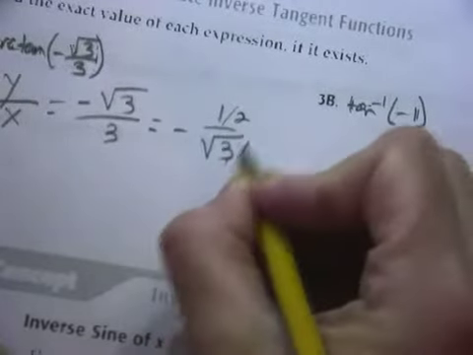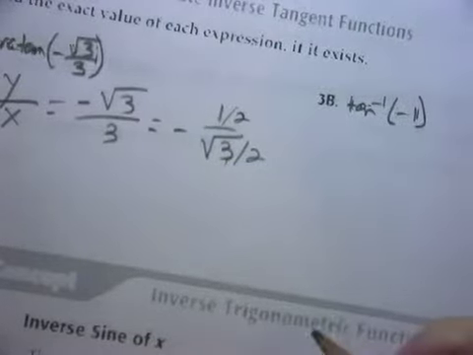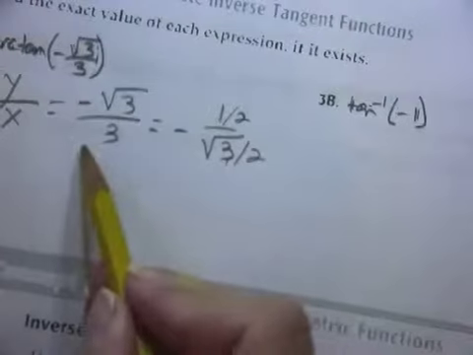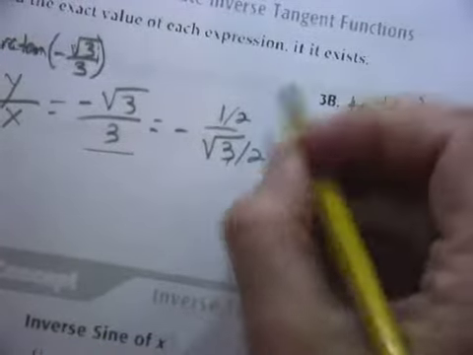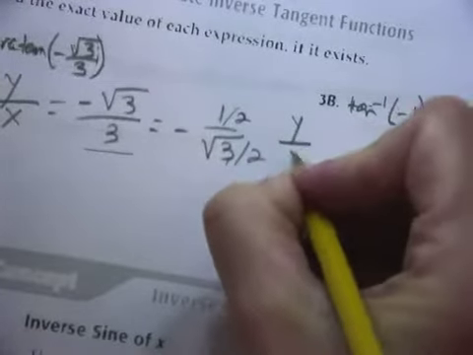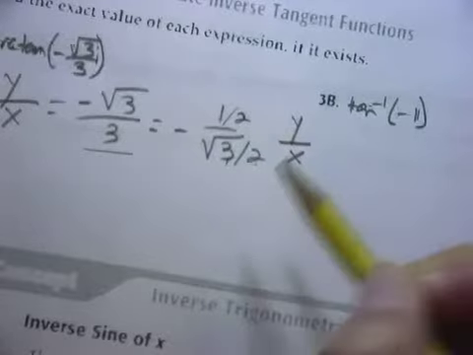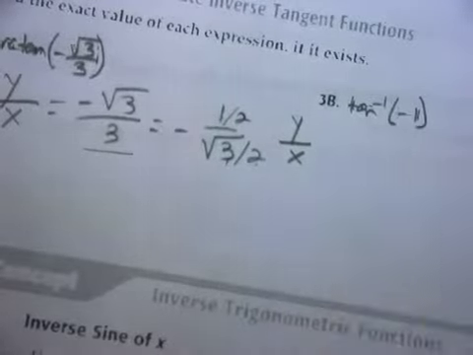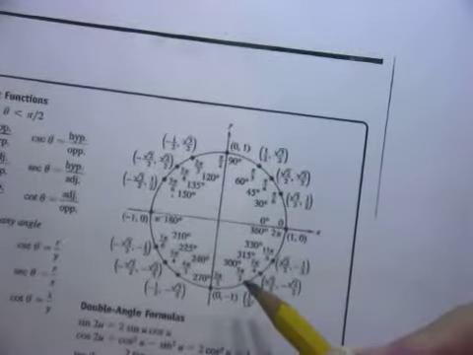And if I had 1 over 2 over negative radical 3 over 2, those 2's would cancel out, and I'd simplify my radical and end up getting this value. So now we have something to look for. We're looking for a y-coordinate and x-coordinate of 1/2 and radical 3 over 2, respectively, where one of them is negative. Okay, and make sure that you realize where you're looking for it. You're looking for it in the right half of the grid.